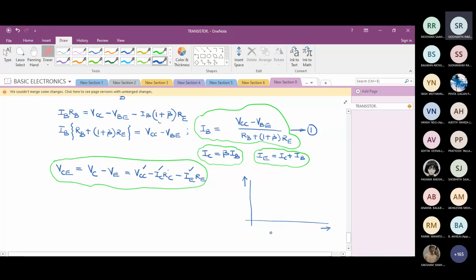What is our x-axis in the output characteristics of common emitter? VCE. What is our y-axis? IC. Yes, sir. What type of characteristics do we get?